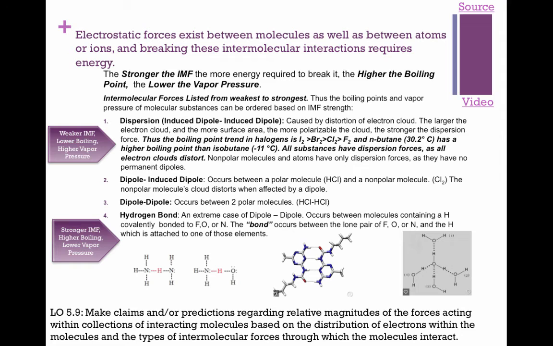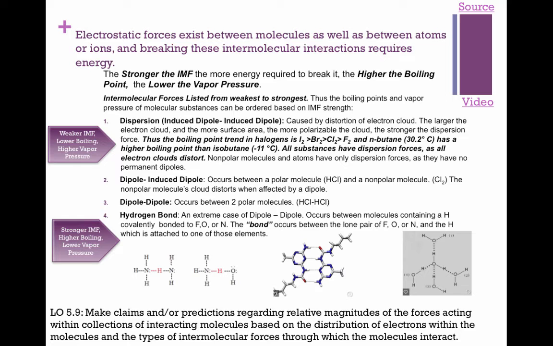And then electrostatic forces. With electrostatic forces, we can talk about intermolecular forces or even ionic attraction. With intermolecular forces, the stronger the intermolecular force, the more energy it takes to break, the higher the boiling point and or melting point, and the lower the vapor pressure.